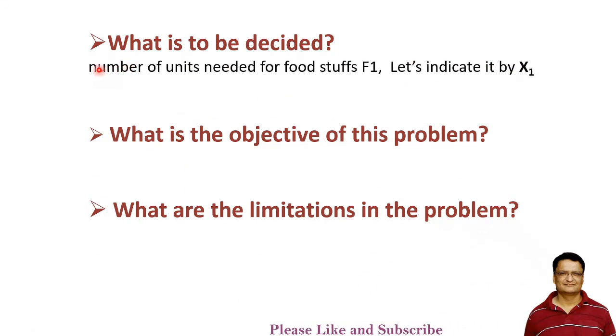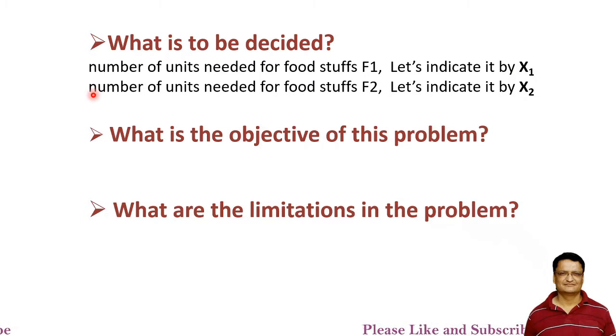Now we have to decide the number of units needed for foodstuff F1. This is the quantity to be decided and that becomes our decision variable, and let us indicate it with x1. Also we have to decide the number of units needed for foodstuff F2 and we indicate it by x2. So these two become my decision variables.